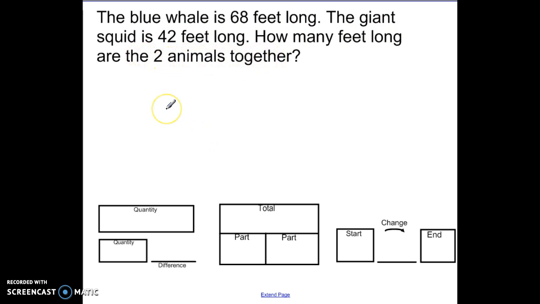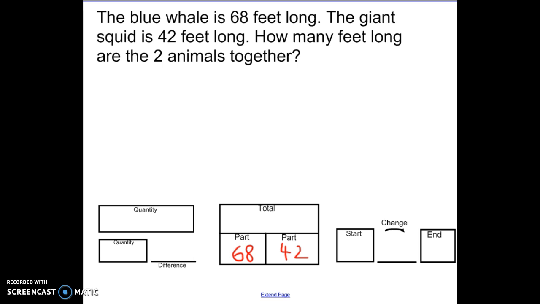So we have two different parts, and they're trying to find out the total length of both. So the chart we would then use would be our part total. We have 68 feet for one part, and we have 42 feet for another part. And our job is to try and find the total.